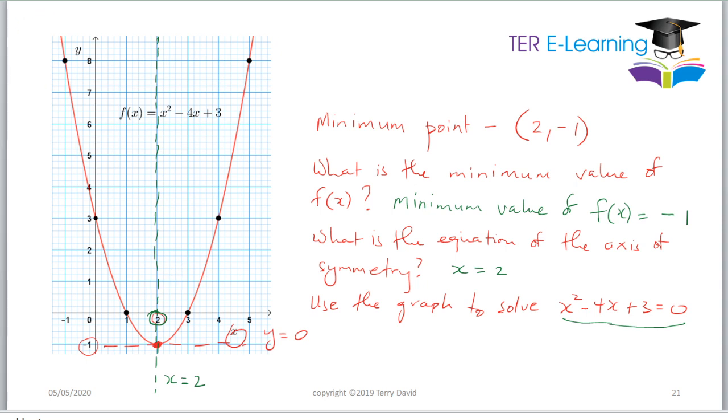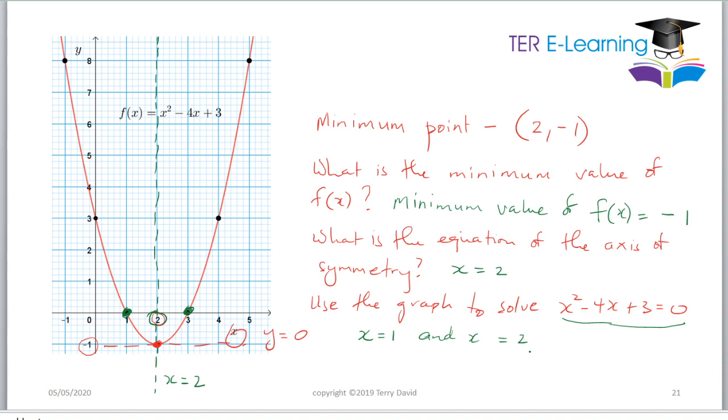So the graph cuts the x-axis at this point here, and it cuts at this point here as well. So therefore, from my graph, I can just tell you what the solutions to this equation are: x is equal to 1 and x is equal to 2, right?